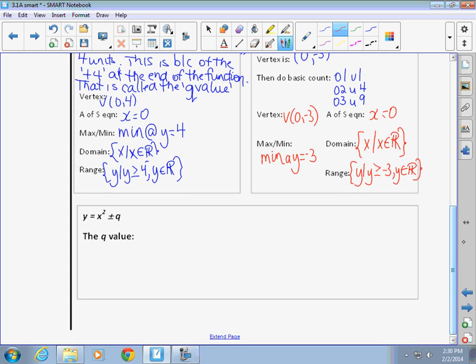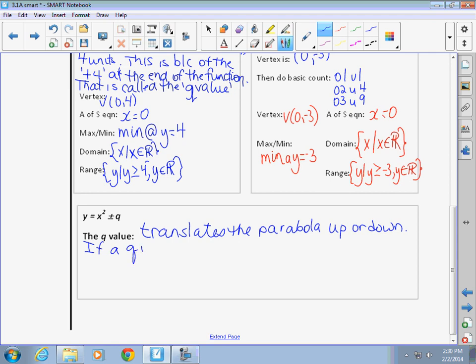So in a nutshell, y is equal to x squared plus or minus q. The q value then translates the parabola up or down. If a q value is positive, the parabola translates up.